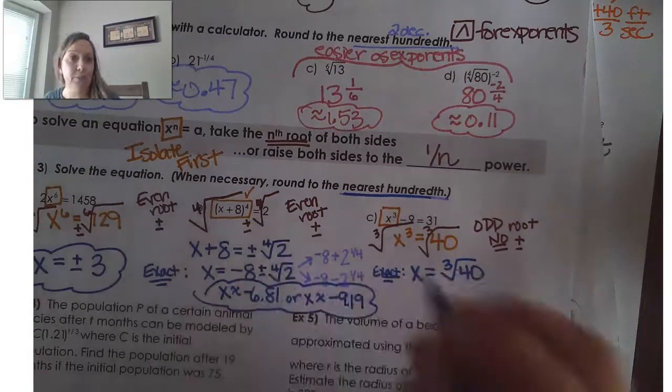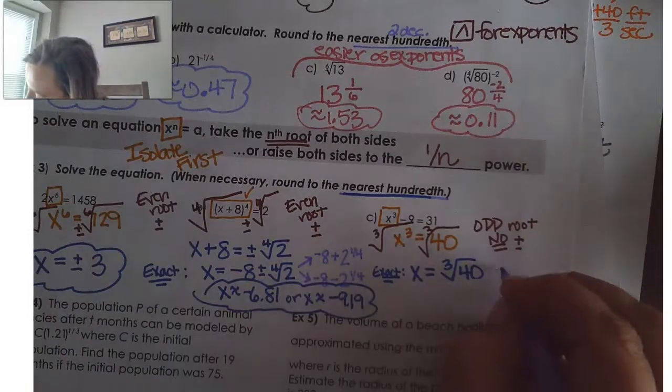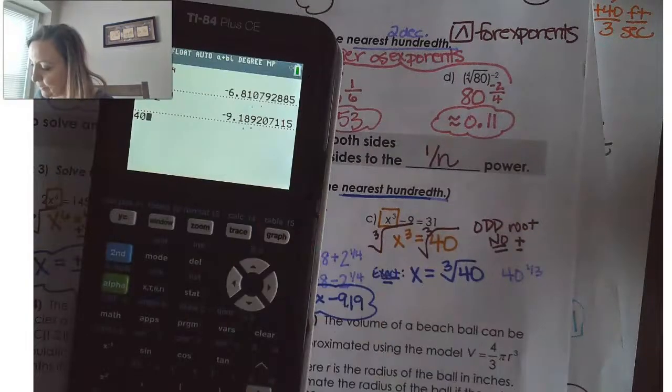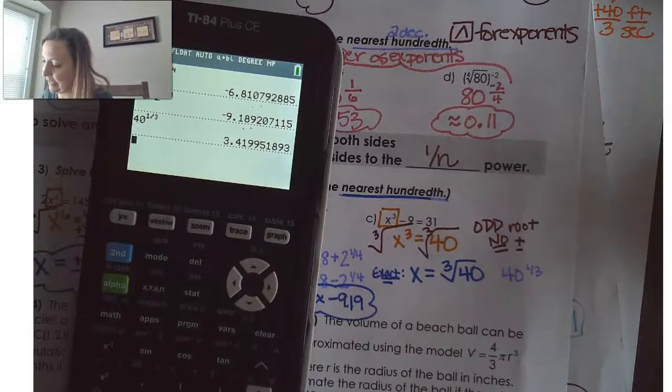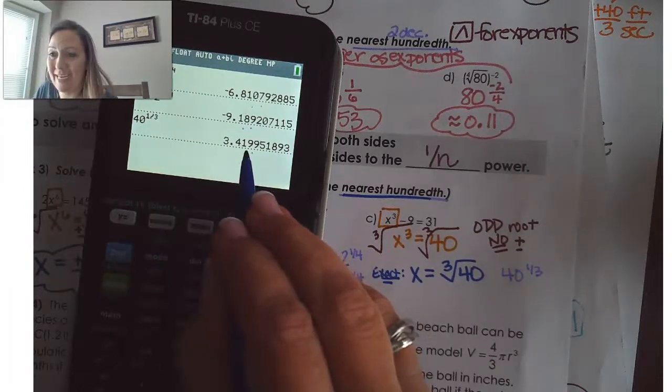Okay, but I always have to look at the direction. Since the direction said to round to the nearest hundredth, that's going to be like 40 to the 1/3. So I'll take 40 to the 1/3, and that 9 bumps this 9 up.